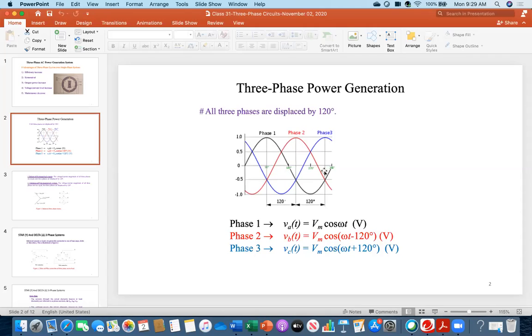And then VCT is Vm cosine of omega t minus another 120, therefore really minus 240 degree here. But in the anti-clockwise direction, it is plus 120, so that's why it is written plus 120. And you see, it starts here.